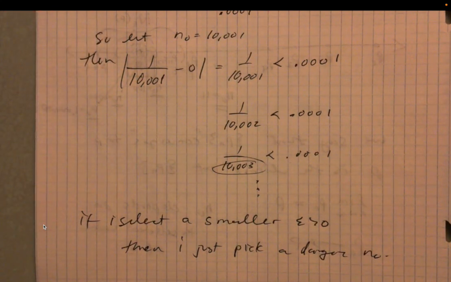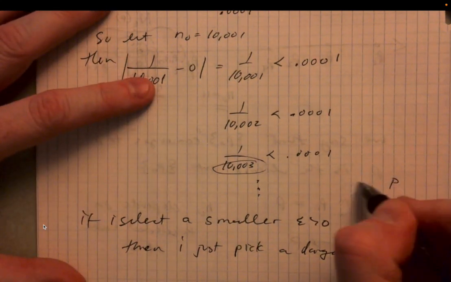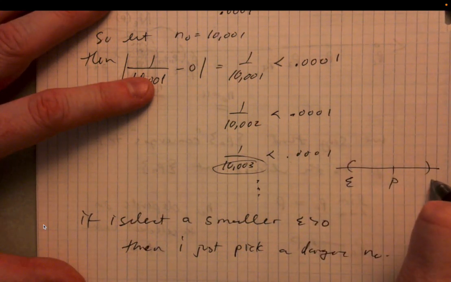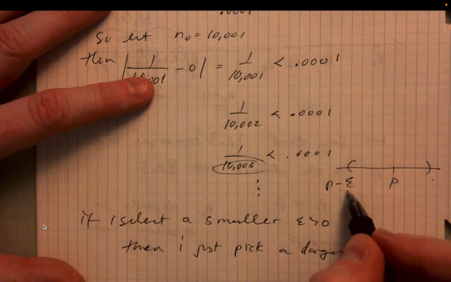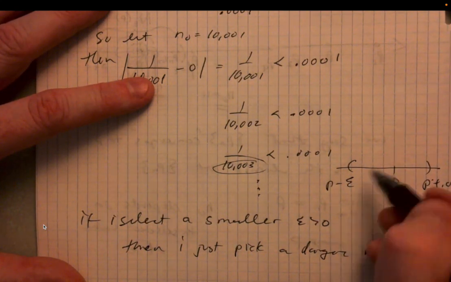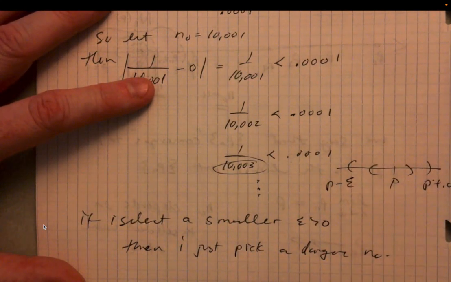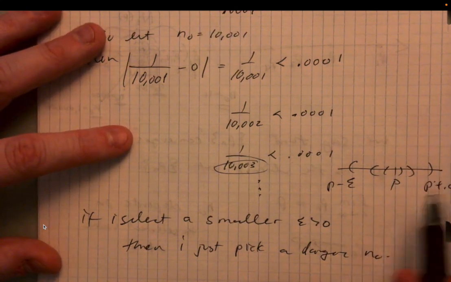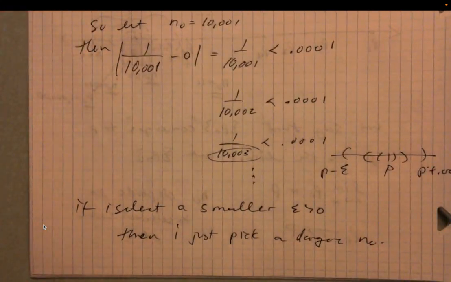Right, and remember, this is all around some point p, right? So here's p minus 0.0001, here's p plus 0.0001. If I tighten up the interval, I just have to increase n, right? If I tighten up the interval, the neighborhood gets smaller.